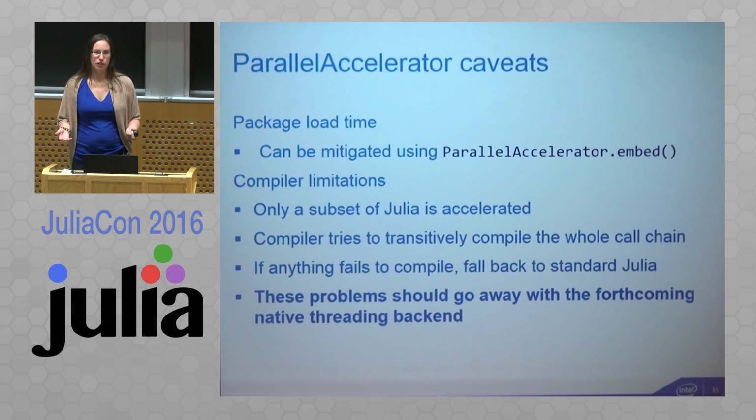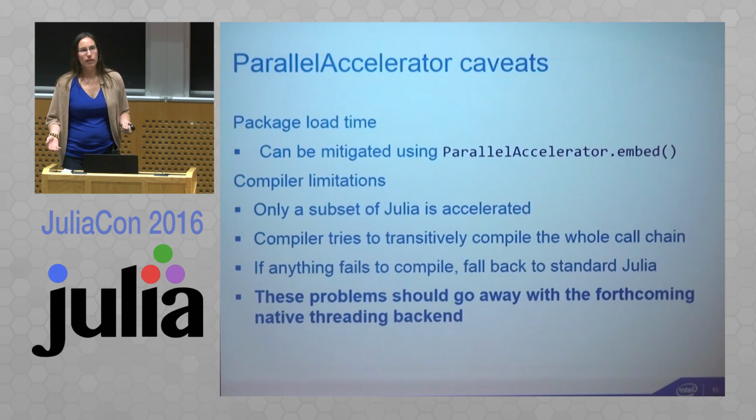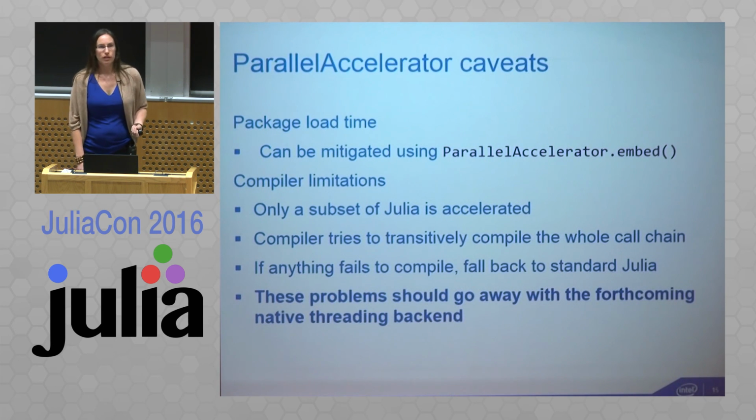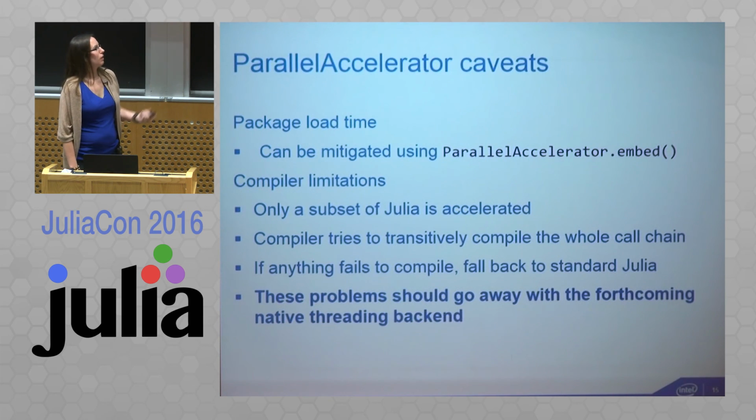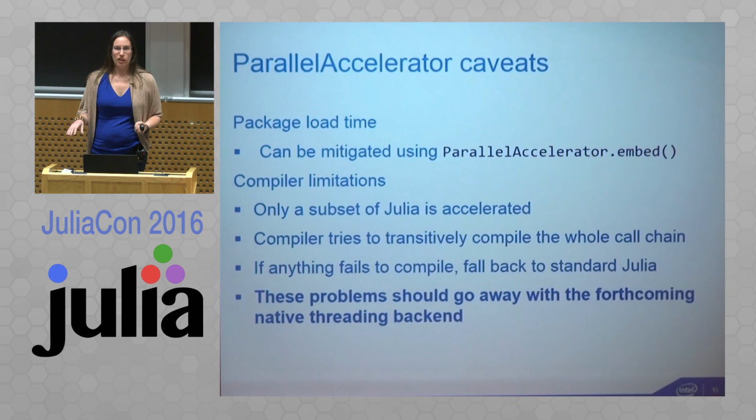It is a compiler after all, so that takes a while. There are ways to avoid this. If you've heard of the userimage.jl hack, we have something in Parallel Accelerator called the embed function. You can call ParallelAccelerator.embed, and that's essentially the userimage.jl hack packaged up as a function that you can call. So that makes it a little easier.